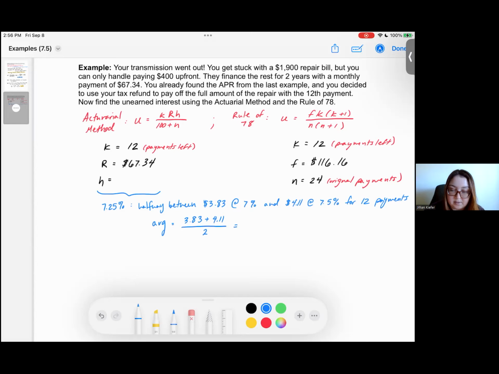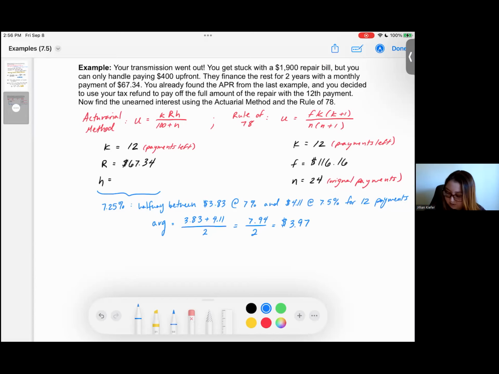This value ends up giving us 7.94 divided by 2, which we can calculate to get $3.97.